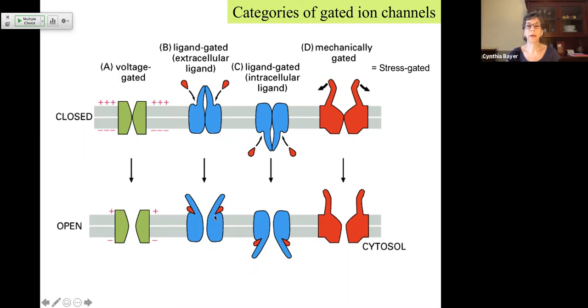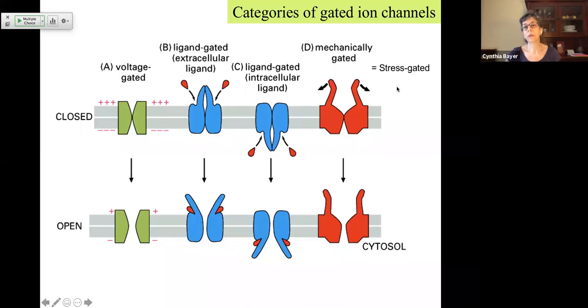When the ligand binds, that causes a change in the conformation, a change in the three-dimensional shape, that opens the ion channel. That ligand could be either an intracellular ligand or an extracellular ligand that causes opening. And we'll see examples of these ligand-gated ion channels in later chapters.